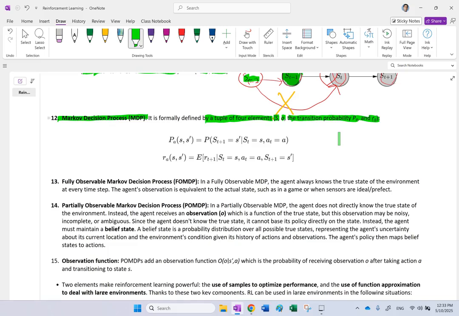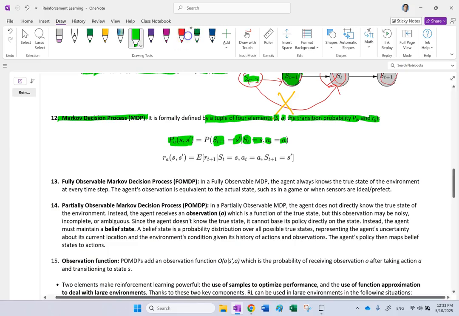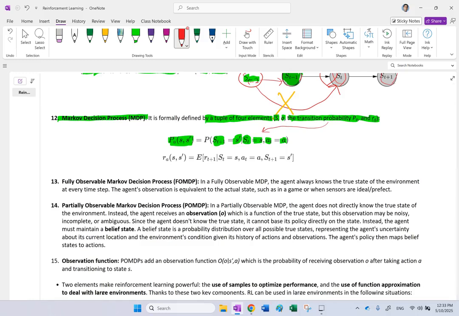The transition probability of going from state S to state S prime, or s_t to s_{t+1}, is the probability of s_{t+1} being S prime, given that s_t is S and a_t is A. Okay, this probability function, we call it the transition from one state to another one. This is called the transition probability.